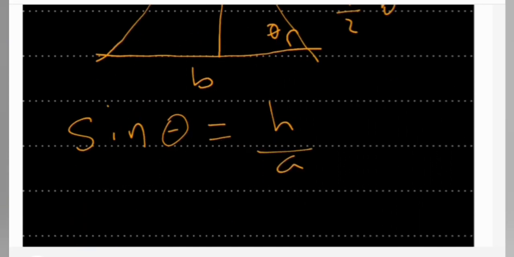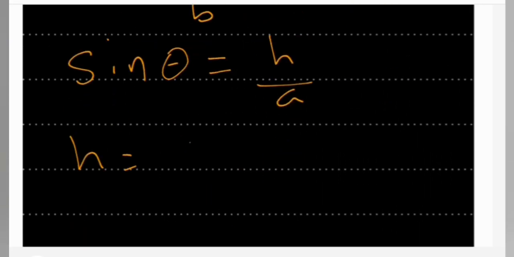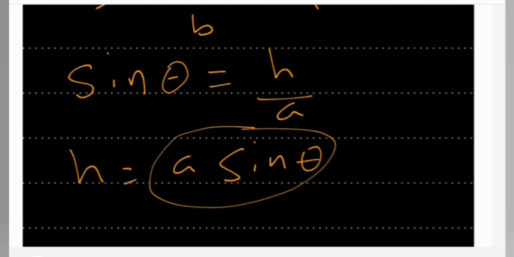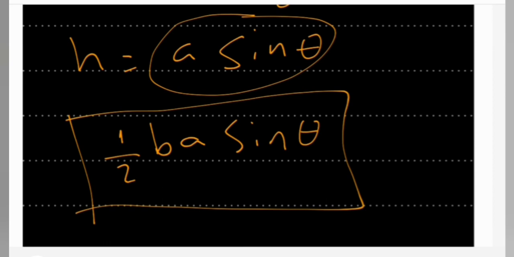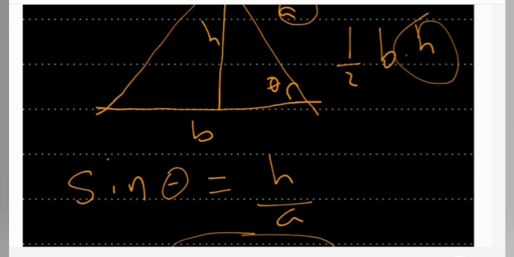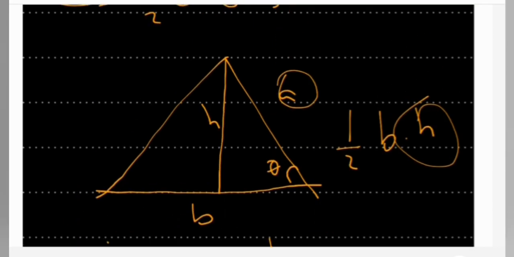So divided by A. So H is actually equal to A multiplied by sine of the angle, okay? And now we can put this value over here, okay? So half of B multiplied by H, but H is A sine of the angle. So this is very useful to remember, and it's very, very easy to deduce, okay?